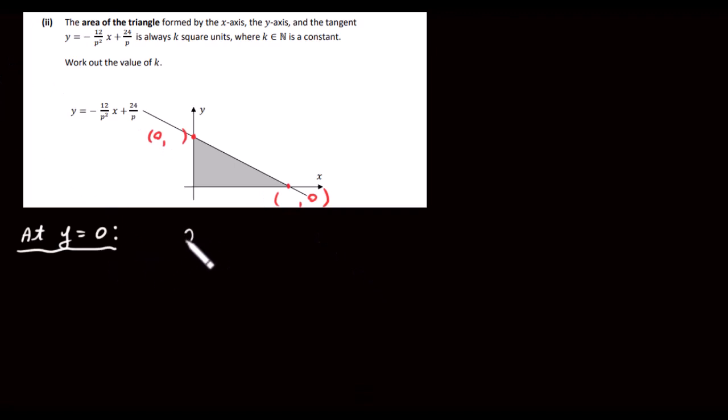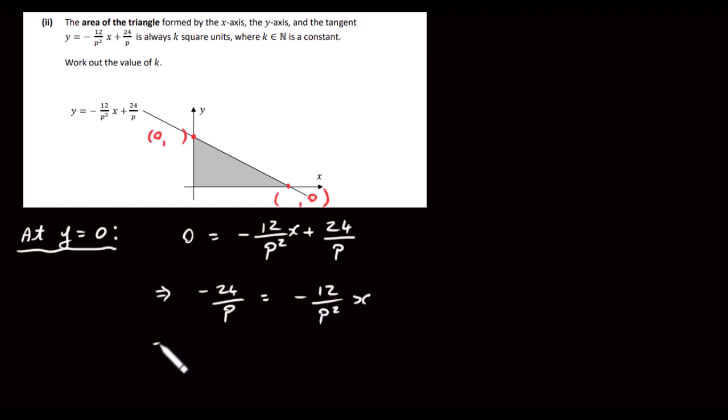So we've got our formula here, 0 is equal to, that's this y here is 0, is equal to minus 12 over p squared x plus 24 over p. That should be an x here as well. So we've got to work out what x is. So bring this over, you get minus 24 over p is equal to minus 12 over p squared x.